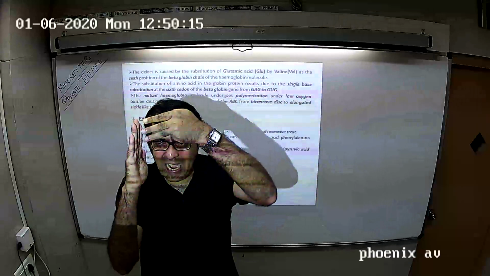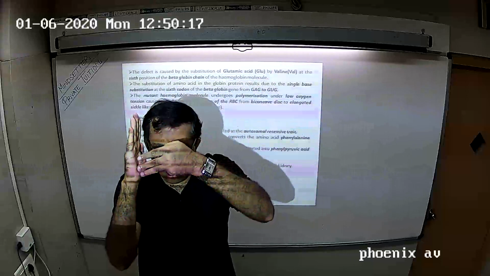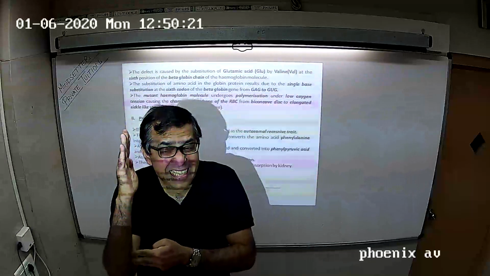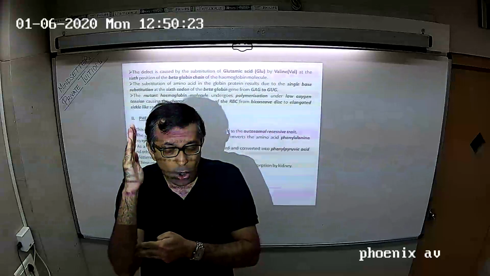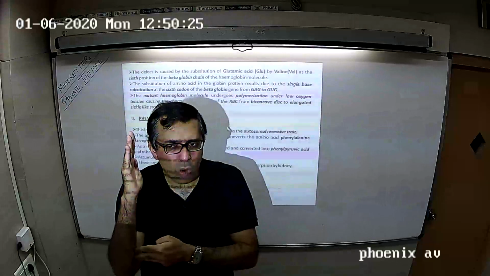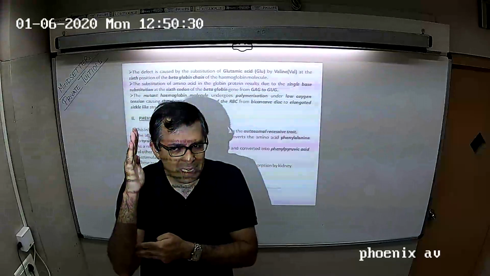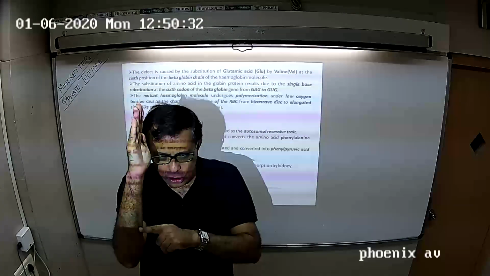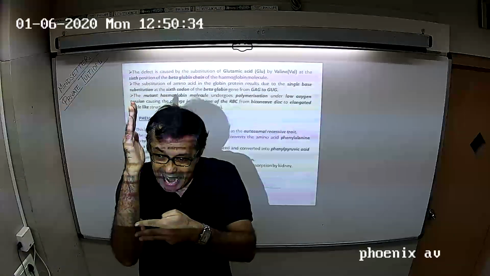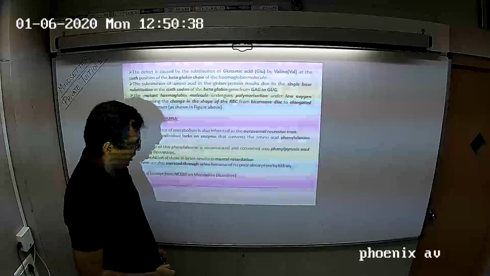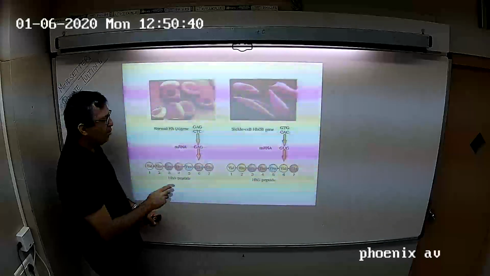Gene has in it codon, codon, codon, codon, codon, codon. Sixth codon of the hemoglobin beta globin chain. तो hemoglobin का beta globin chain का sixth codon undergoes a point mutation.